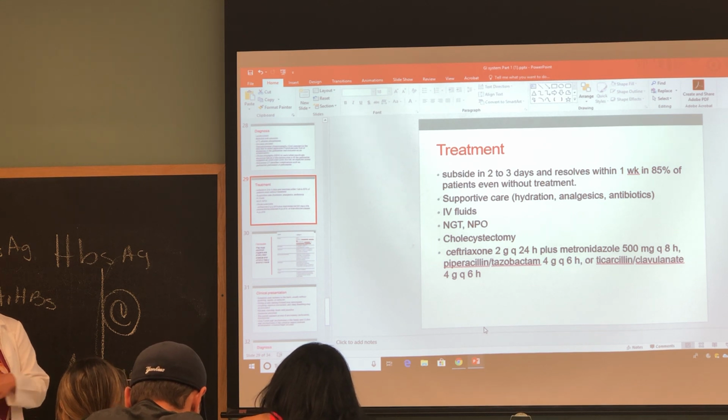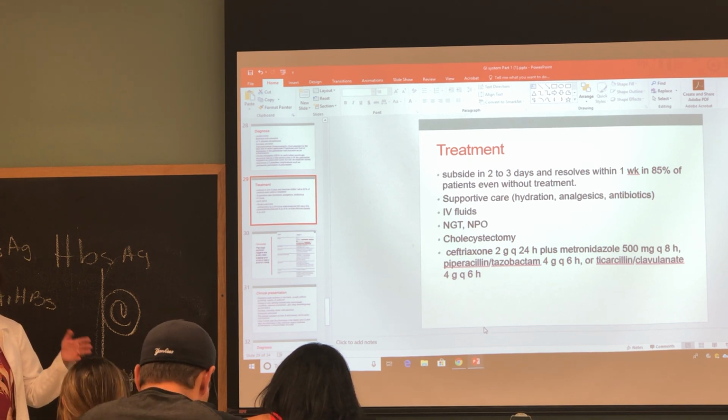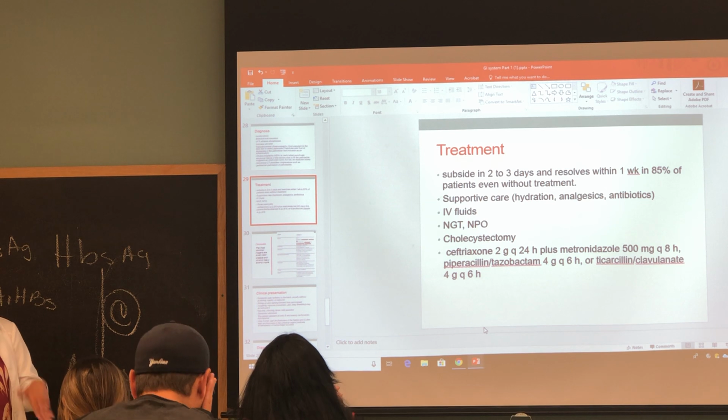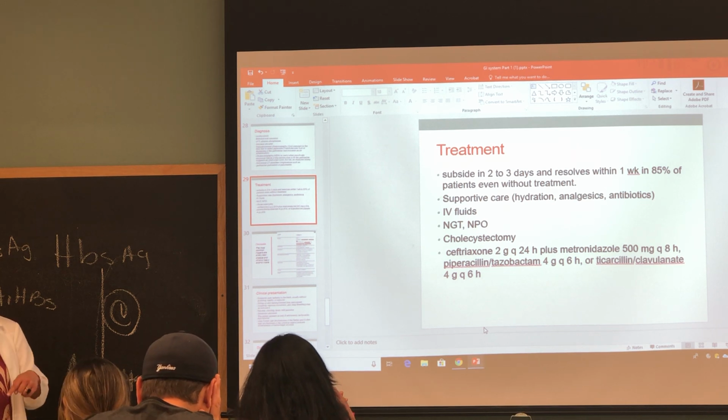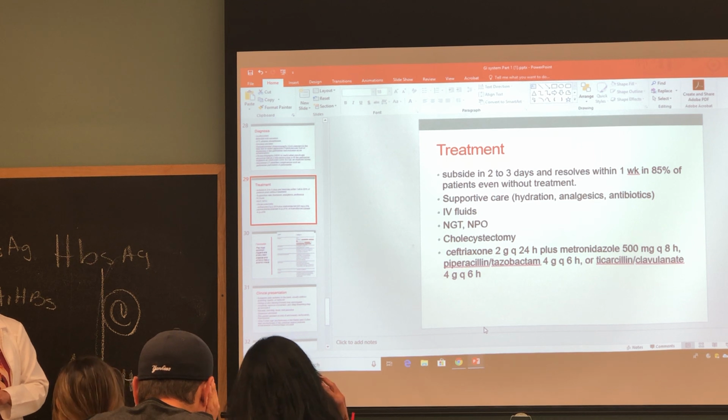To be able to cover all the gram-negative and anaerobes, and mostly the ones that are enteric, that live in the colon, you have to choose either Flagyl or clindamycin. So never choose oxacillin, amoxicillin, ticarcillin by itself. You have to combine them, and on top of that, you have to choose metronidazole or clindamycin with it, okay?